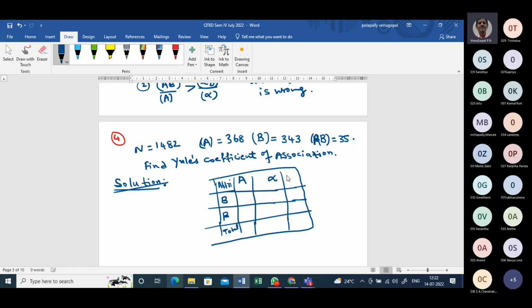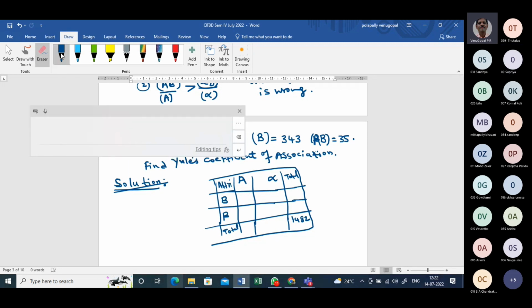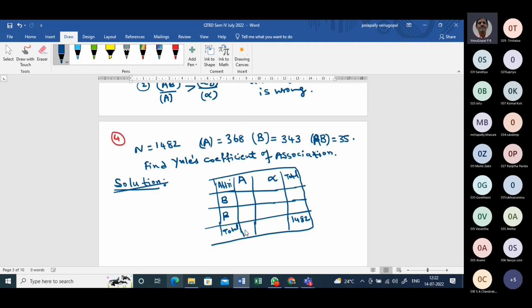This is total. N is 1482 and A is 368. Sorry, I went wrong. A is 368. B is 343. AB is 35. Am I right, children?